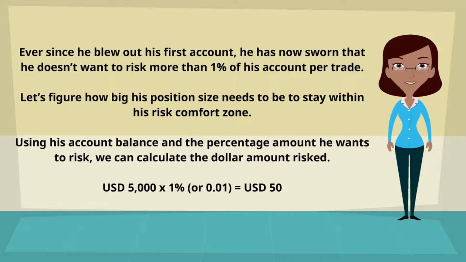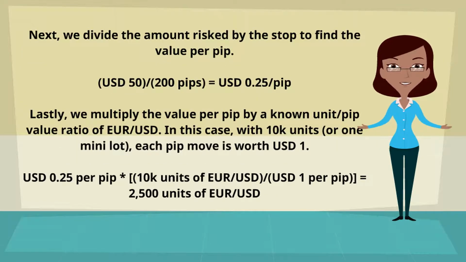Using his account balance and the percentage amount he wants to risk, we can calculate the dollar amount risked. $5,000 multiplied by 1%, or 0.01, equals $50. Next, we divide the amount risked by the stop to find the value per pip. $50 divided by 200 pips equals 25 US cents per pip.